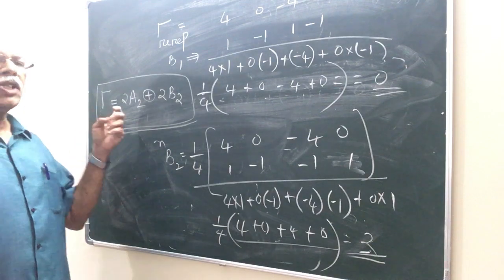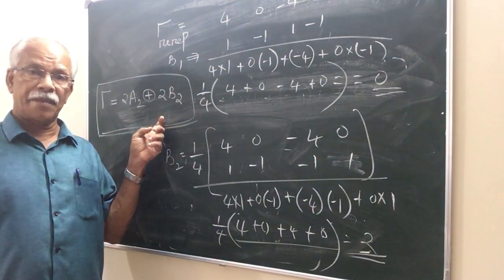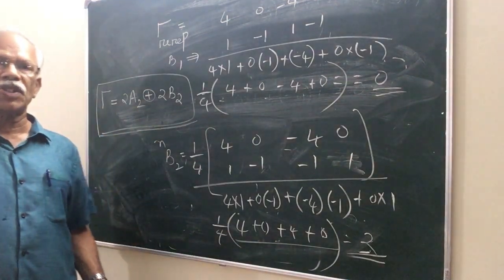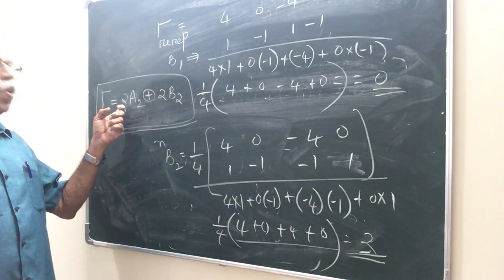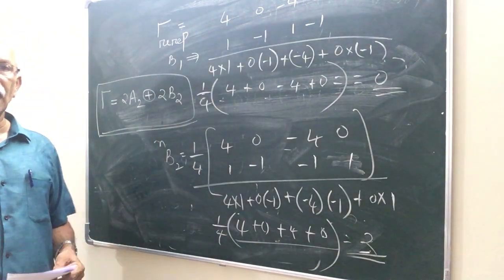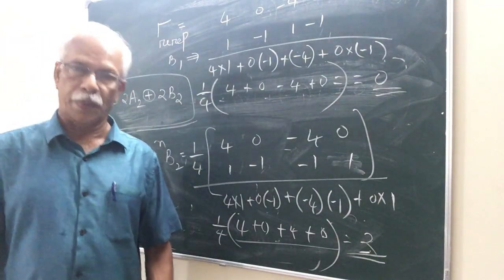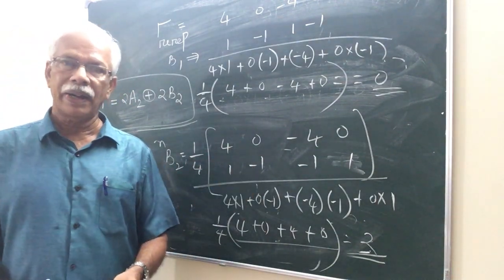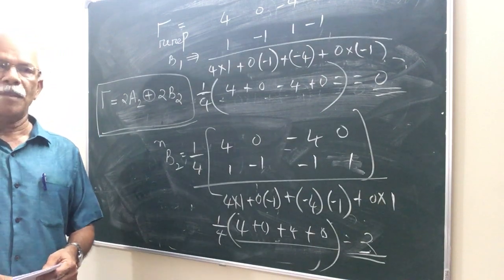So the four-dimensional reducible representation is made up of four one-dimensional irreducible representations, which are 2A2 and 2B2. All these are irreps of the C2V group. Cis butadiene, 1,3-butadiene belongs to C2V group.